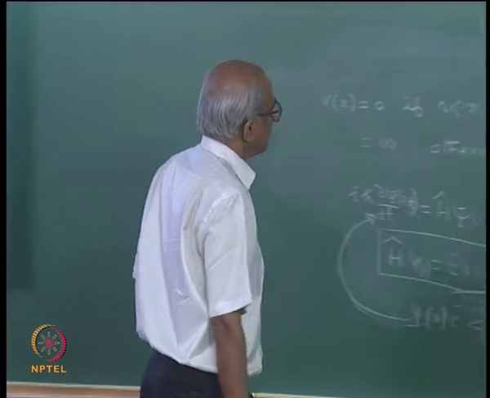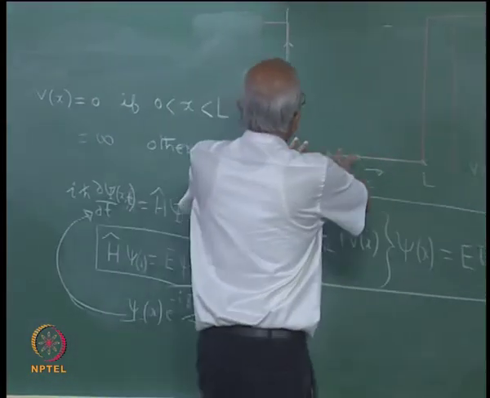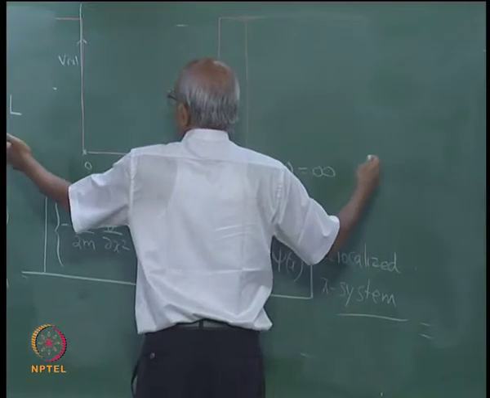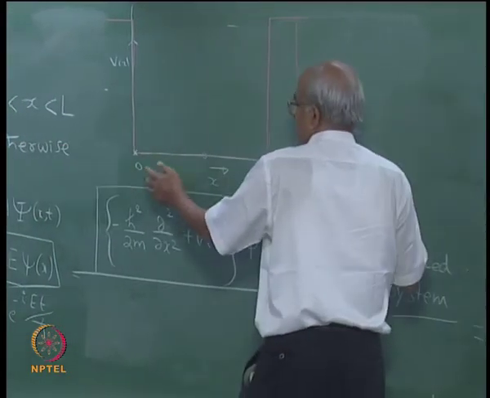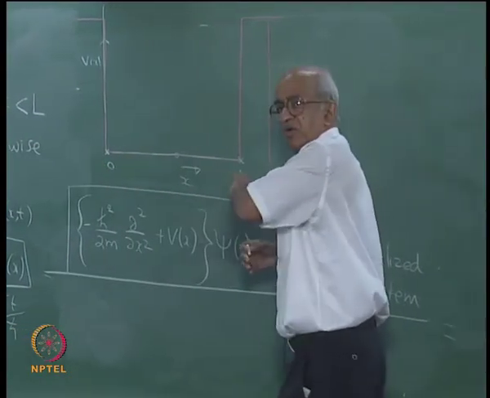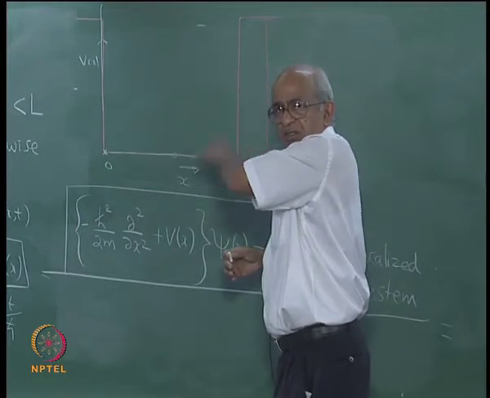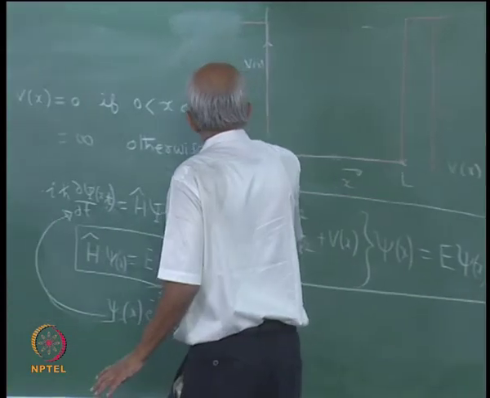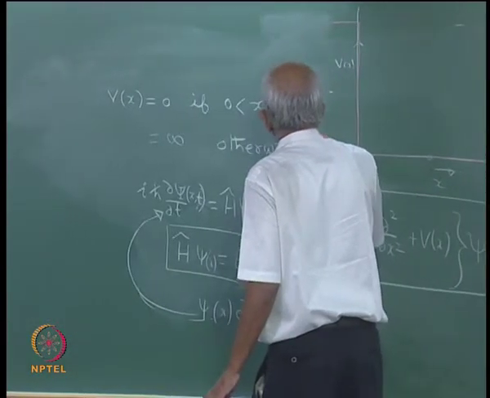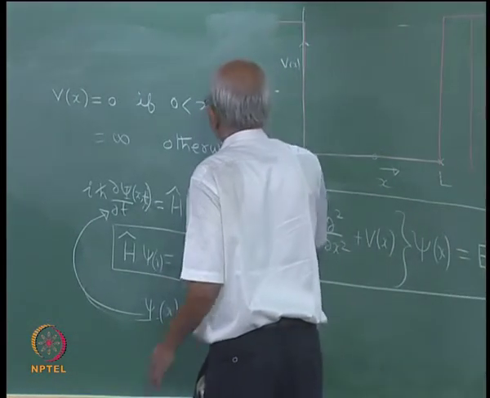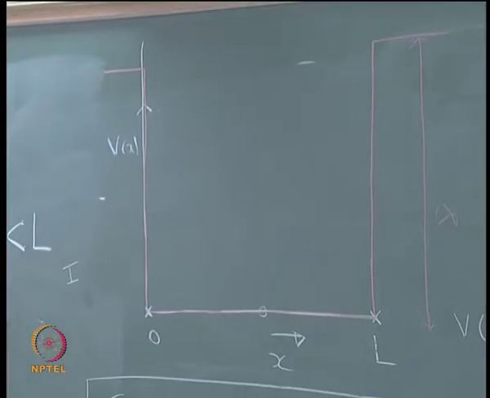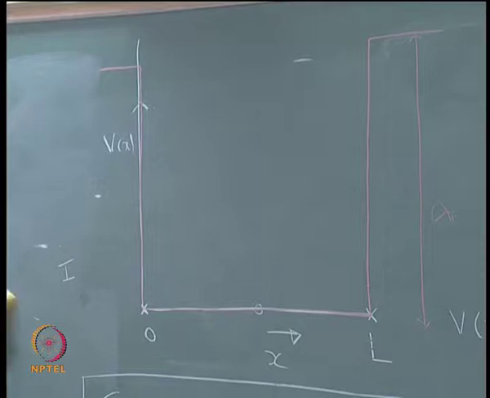For that, I am going to divide my space into 3 regions. When I say space, it means all values of x running from minus infinity to plus infinity. This region, which is to the left of the box, is referred to as region 1. Maybe to make it clearer, I should remove this.